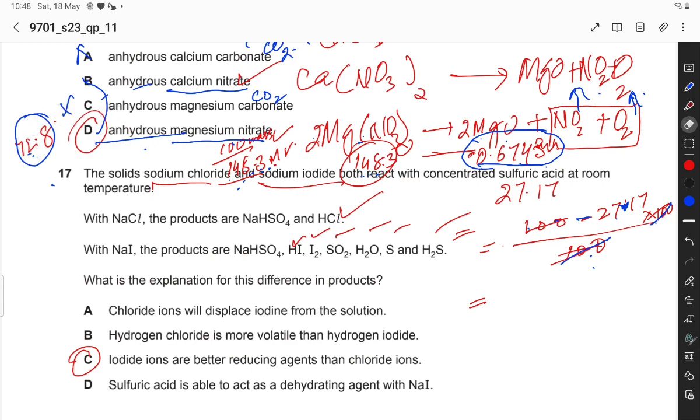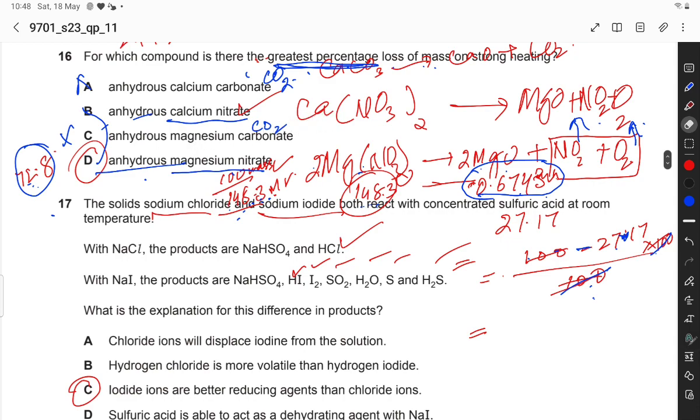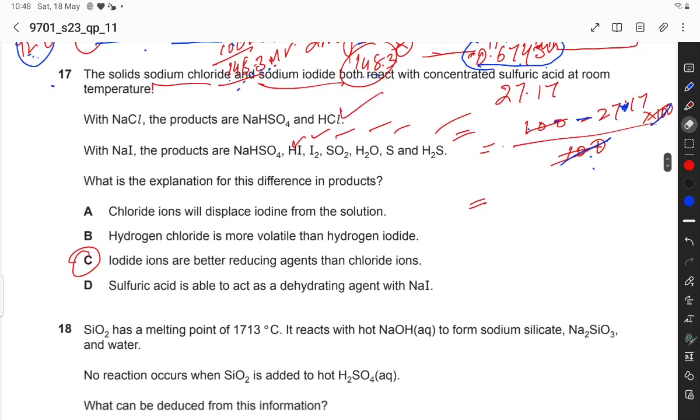So this is 72.8. Similarly we solve calcium nitrate, but this is lower than this value, so that's why anhydrous magnesium nitrate is the correct option.